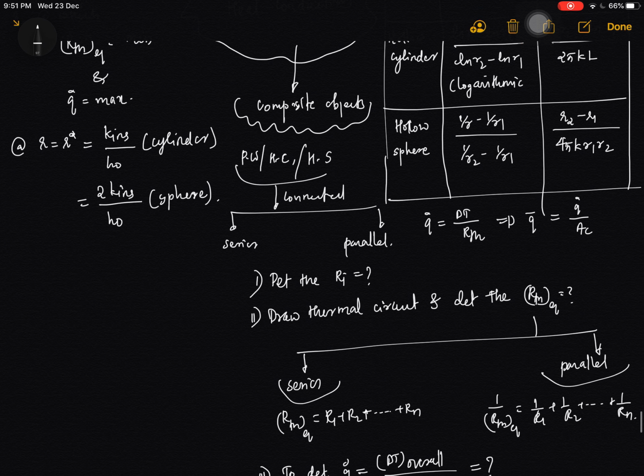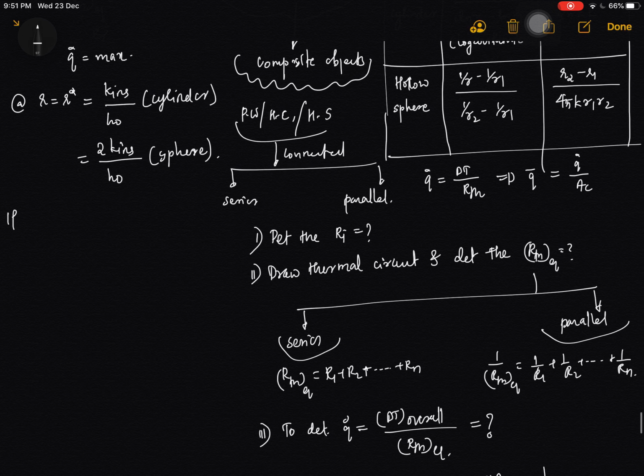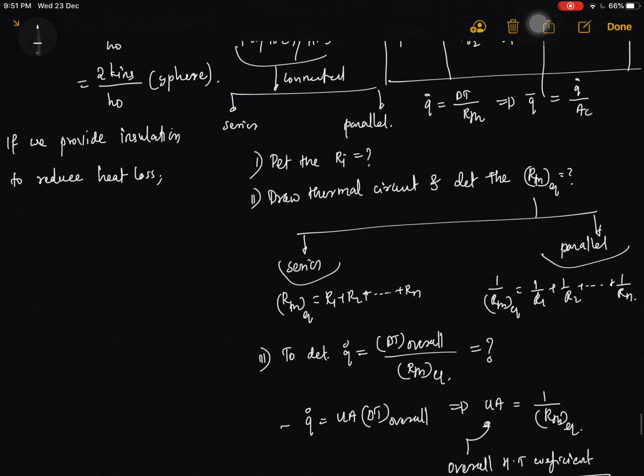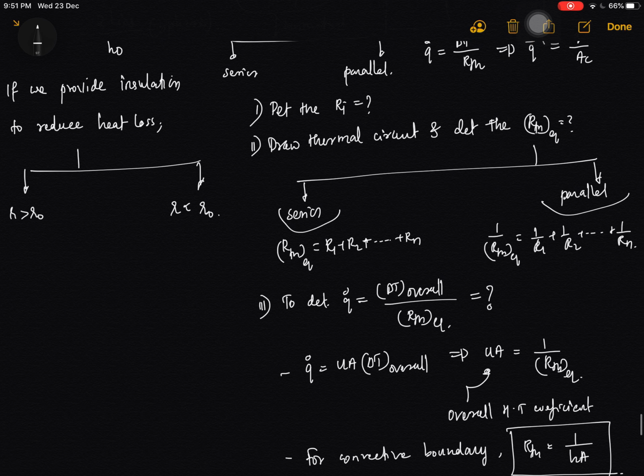These are for spheres. Okay, and if we provide insulation to reduce heat loss, then we have two possibilities: either the radius of insulation R is greater than R0, the radius of the pipe, or the radius of insulation is less than R0 of the pipe.